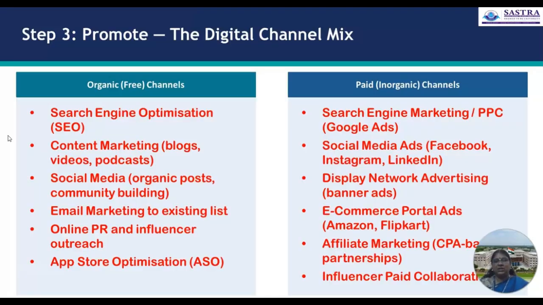The digital channels available to you include search engines, both paid and organic, and social media platforms, display advertisement networks, e-commerce portals like Amazon, Flipkart, email, messaging platforms like WhatsApp and SMS, and networks. Which channel you want to choose depends entirely on your research from the beginning. I told you in the first step.